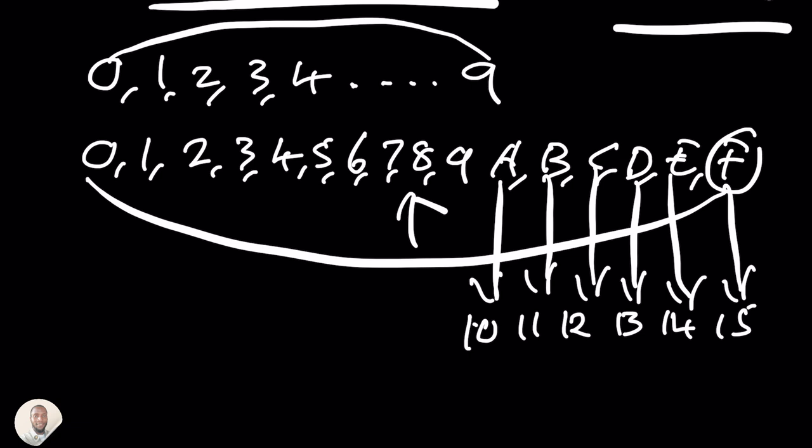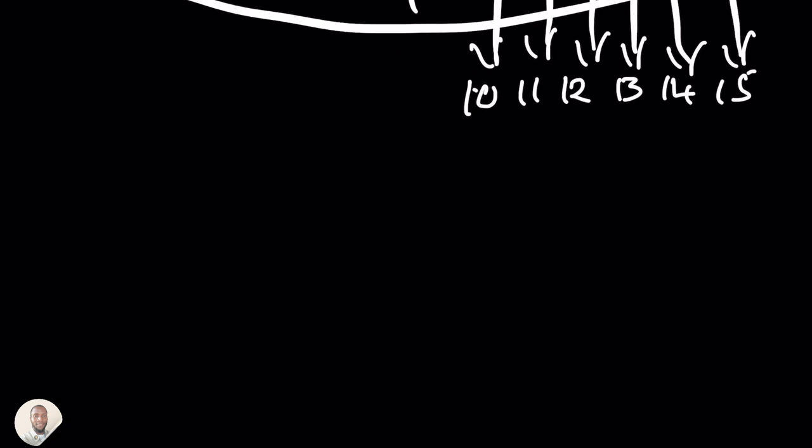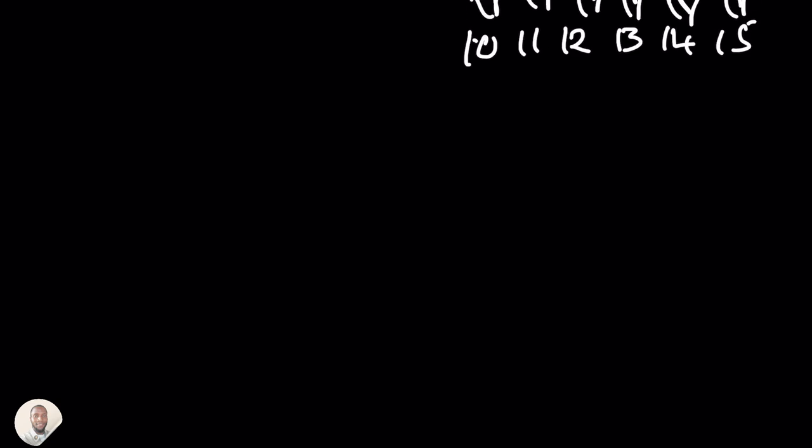So we can ask ourselves, why do computers use hexadecimal? Computers only understand binary. We have said that times without number, which is base 2, and it is made up of zeros and ones. However, binary numbers are too long and difficult for humans to read.